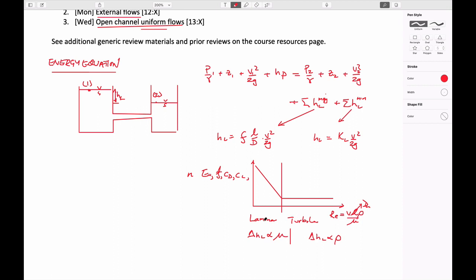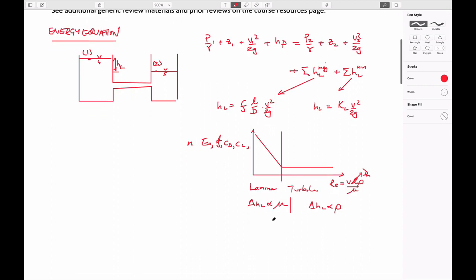And so the solutions we get here are that it's also proportional to velocity, and it's also proportional to velocity squared. So different relationships within each of these areas. In the laminar area, friction factor is a function of Reynolds number. In the turbulent regime, it's not a function of Reynolds number and is constant with Reynolds number.